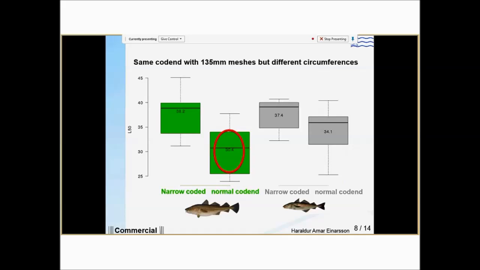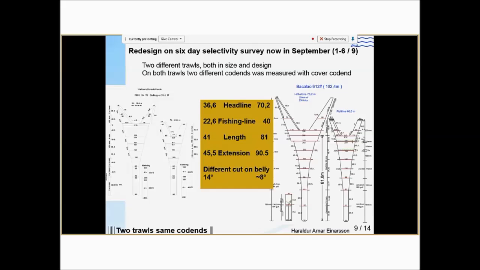So therefore, we redesigned the survey. We had a survey time now in the beginning of September, and we decided to try to figure out what is going on. Hábjargrandi was loaning us this big trawl, Bacalhau, similar to what we were trying in Örfirisey.